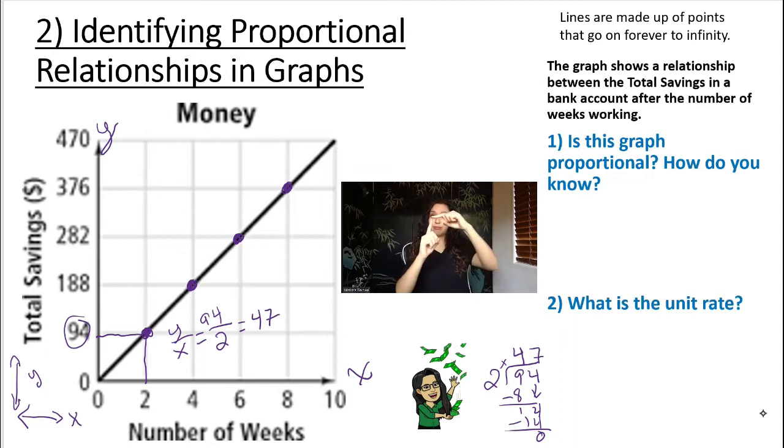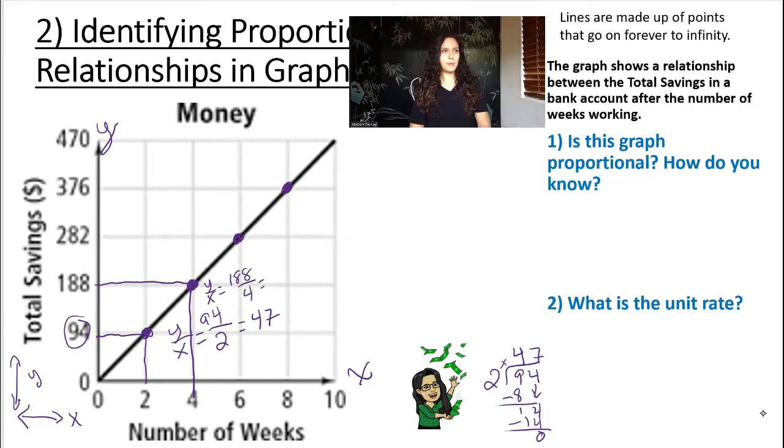Let's check to see if it's the same thing here. 188 divided by 4, so y over x equals 188 over 4. I could do my long division for that, and I will find that, what do you know, I get the same answer. Let's check this one.